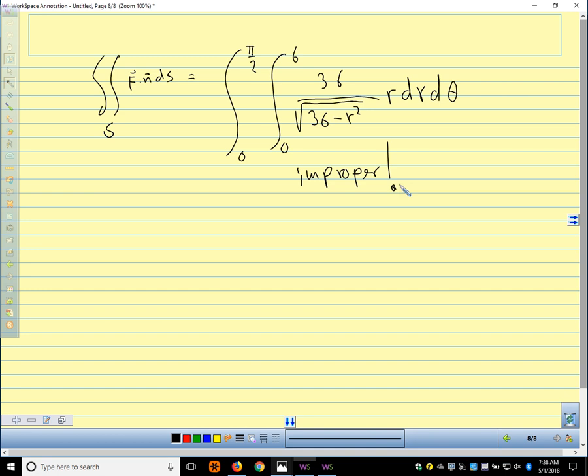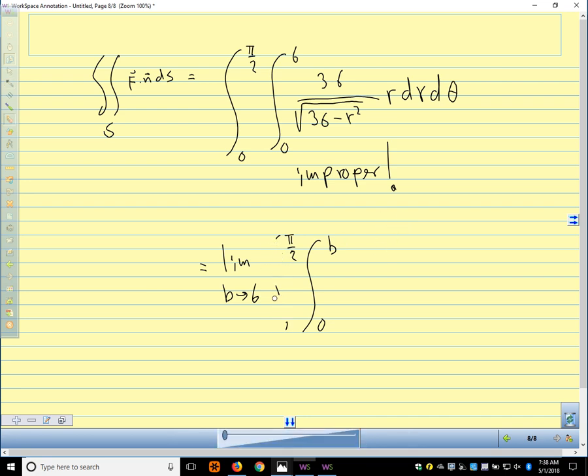This is improper. So this is going to be the limit as b approaches 6 of the integral from 0 to pi over 2, the integral from 0 to b. The theta integral just gives us a multiple of pi over 2.